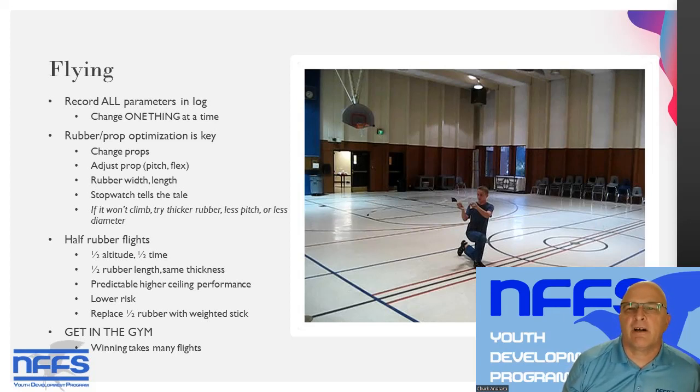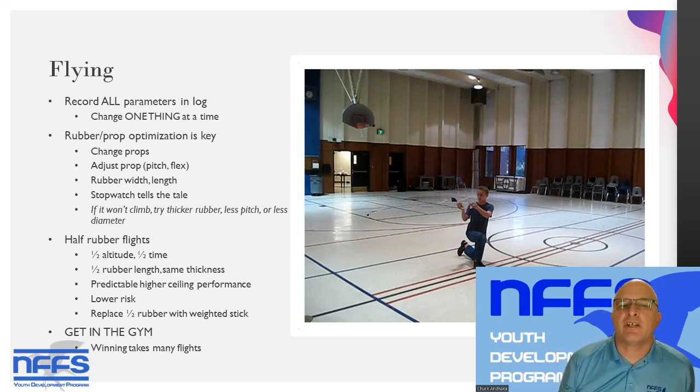Another technique that's helpful, especially if your gym is smaller than the contest venue in altitude, is to fly half rubber flights. So you would have a 3/4 gram piece of rubber, and then you would have a small stick that is also 3/4 of a gram. And this stick would have a wire hook at the front and the back, and it hooks to the rear hook on the plane, and it hooks to your rubber at the middle of the plane.